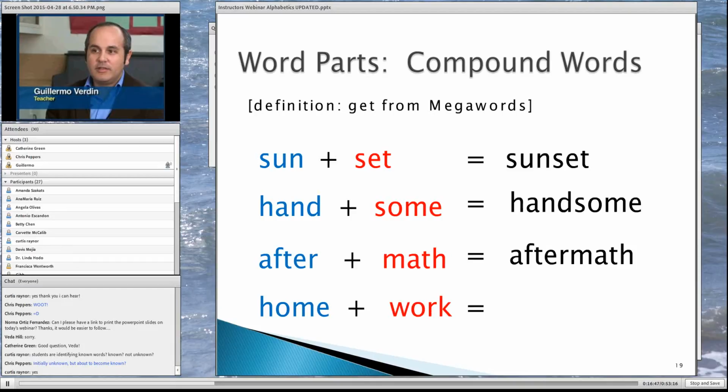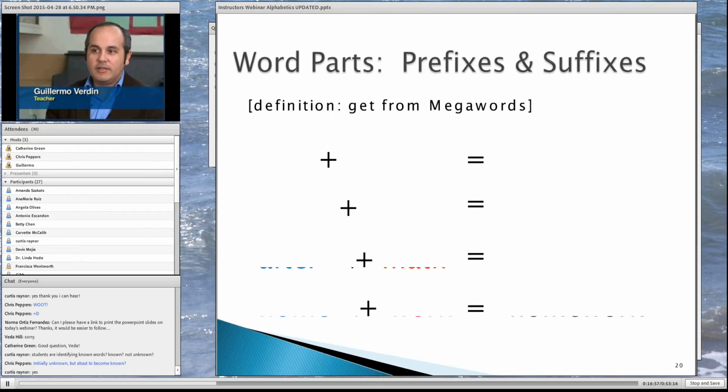This is a really easy way to hook them in with this whole concept of word parts. Start with compound words. Another way to give readers a clear visual of this awareness that words are made up of parts is to teach the concept of prefixes, suffixes, and root words. Again, I'm sure many of you have taught them.